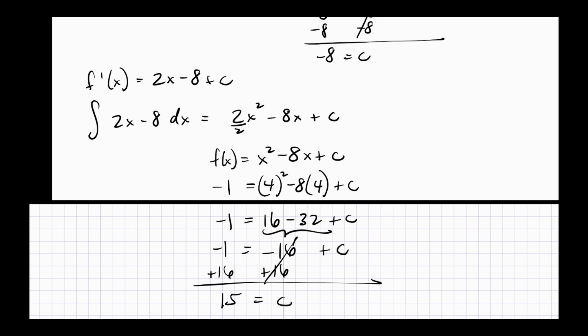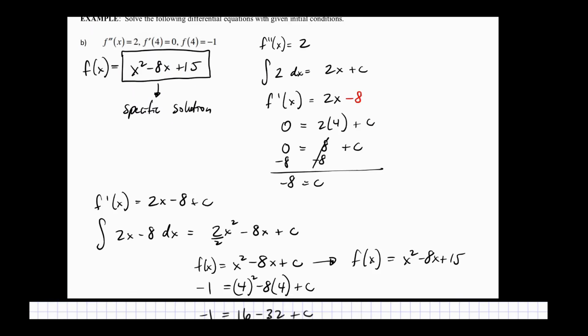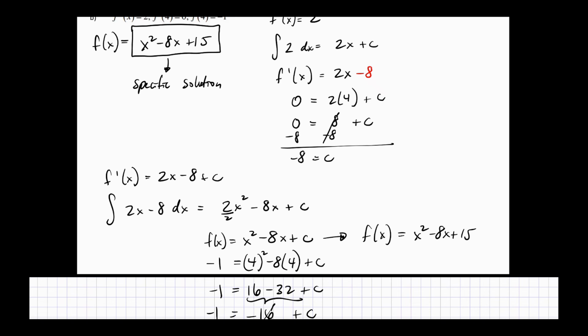So f of x is x squared minus 8x plus 15. That's the specific original solution. No more c's because I'm specific to that one. Okay. So that one just had an extra step compared to the one before.